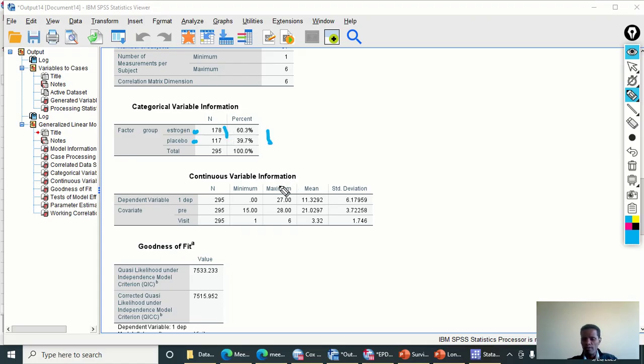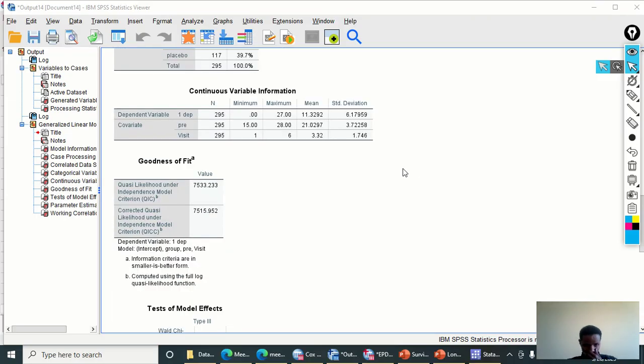And again, the variable information for the continuous variables. Depression, the outcome variable by itself, is continuous: total number of observations, the minimum score, the maximum, and the standard deviation with the mean. And for the two covariate predictors, the pre variable and the visit, their frequency, the minimum value, the maximum, the mean and standard deviation. So this is a descriptive result for both the continuous predictors and the outcome variable.